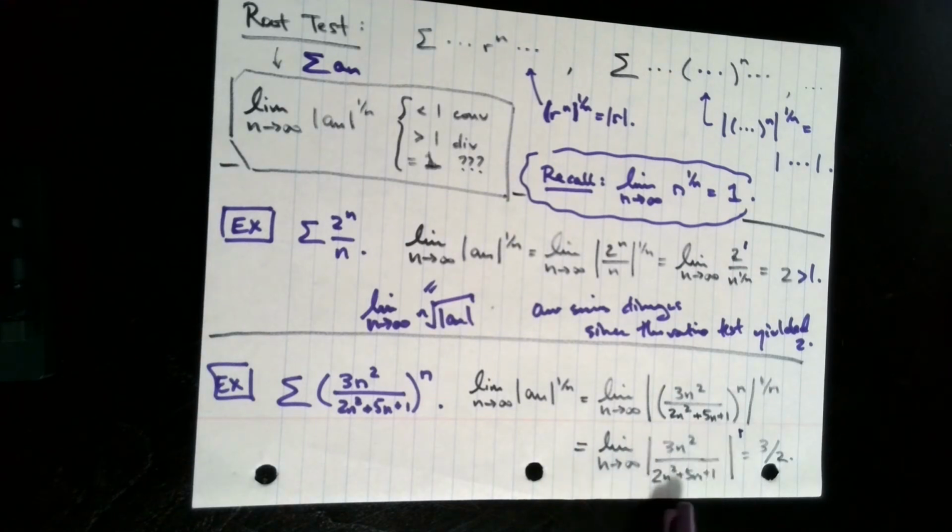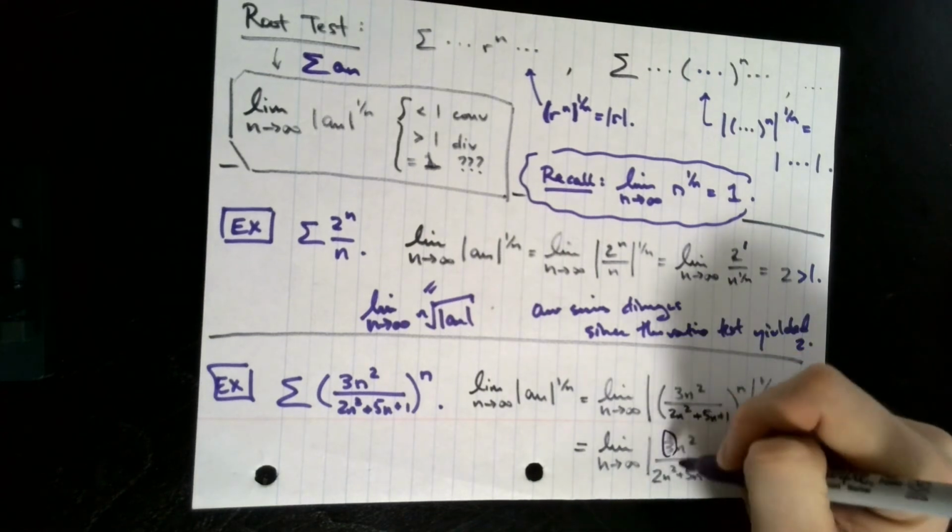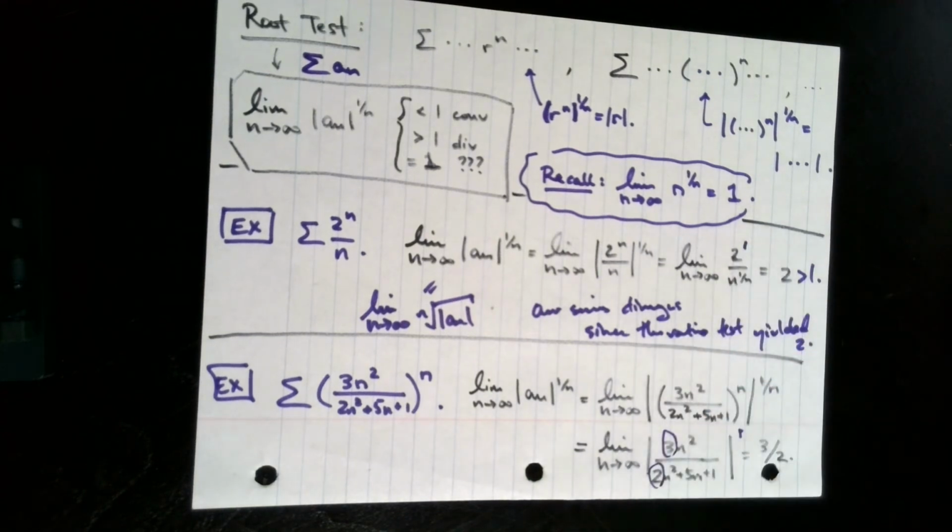Whenever we look at what's inside, looking at our individual terms, note we have a rational expression with degree 2 upstairs, degree 2 downstairs. So when we take the limit as n goes to infinity, we merely pluck off the leading coefficients of 3 and 2. So here we now get the result that the series which we're looking at begins eventually acting like a geometric series with common ratio 3/2.